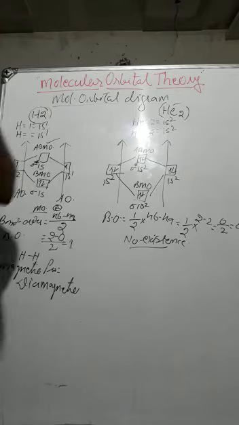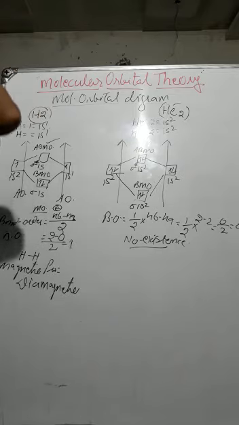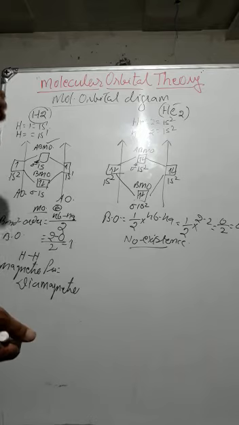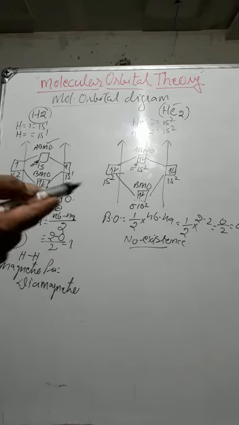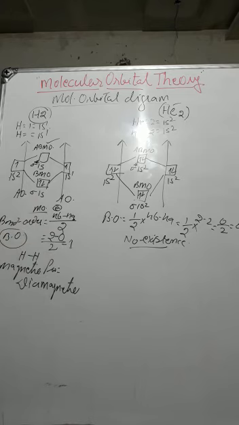So again students, on the basis of this theory we can draw the molecular orbital diagram for various molecules like Li2, C2, N2, O2 and F2 molecules, and also we can find the stability. The stability is given on the basis of bond order. The greater the bond order value, the more the stability. And for the magnetic property, the greater the number of unpaired electrons, the more the paramagnetic nature.